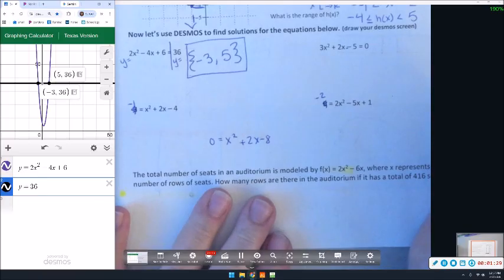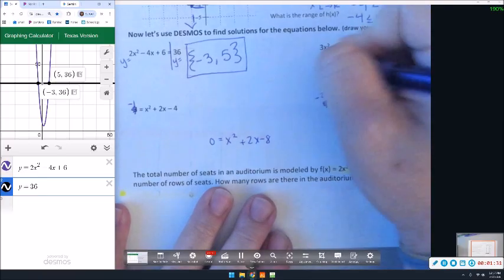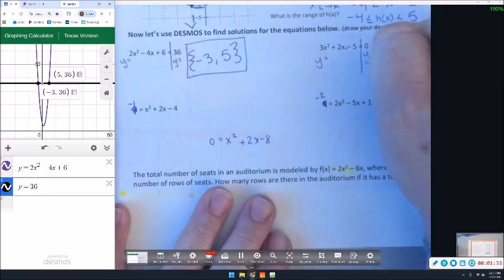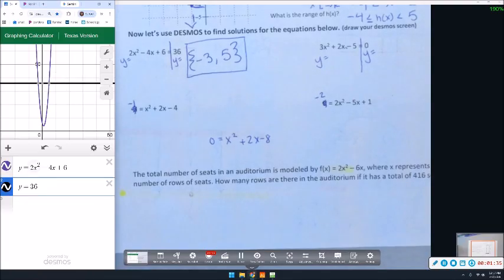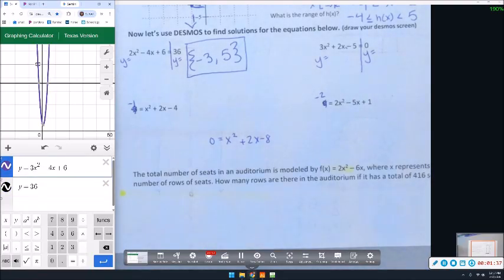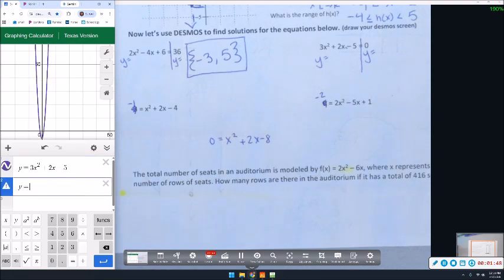So same concept here. Y equals 3x squared plus 2x minus 5. And then y equals 0. Well, if it's y equals 0, isn't that just the x-intercept?